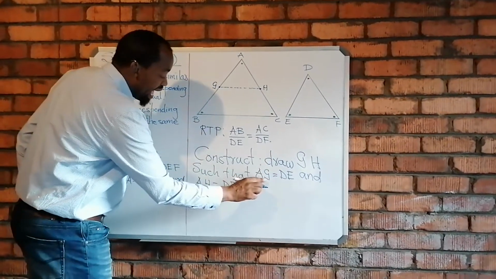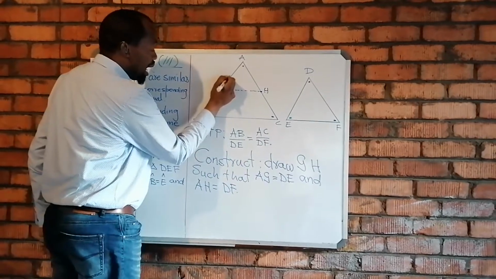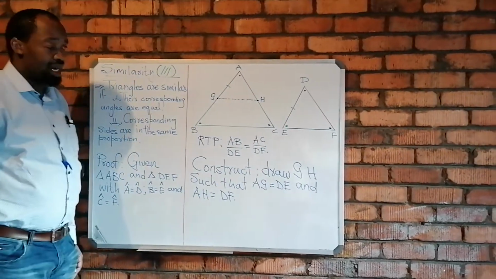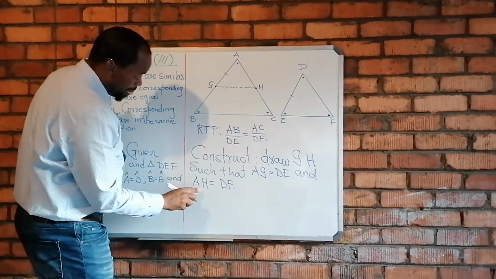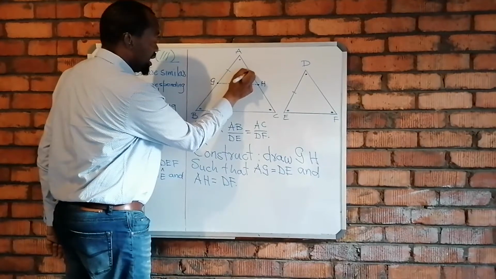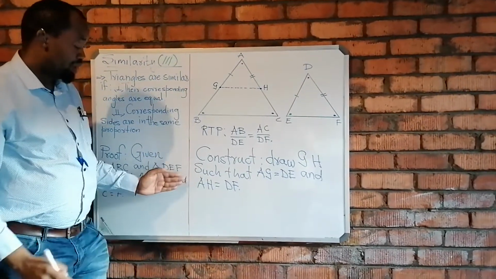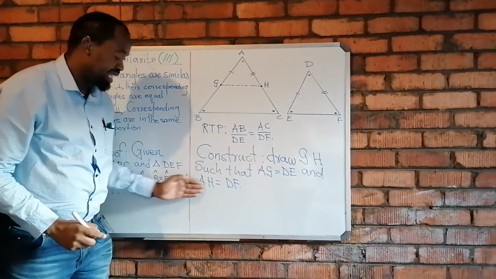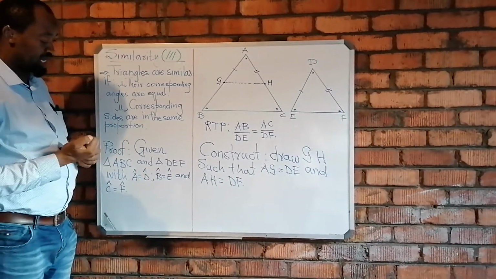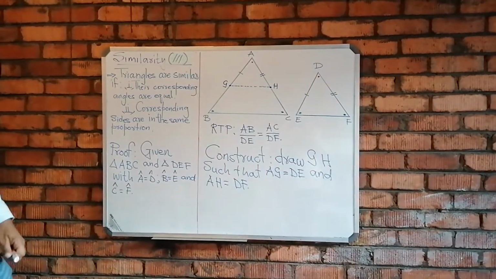We said AG must be the same as DE. I'm going to mark this and that equal. Then AH must be the same as DF. And very important, this is from our own construction.